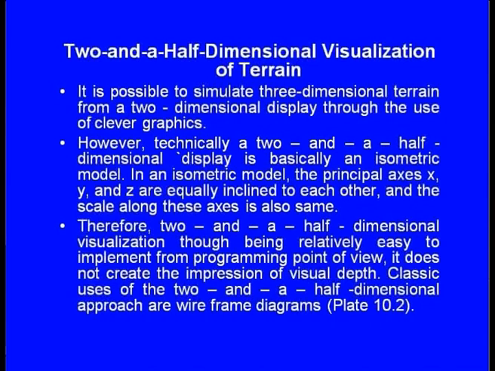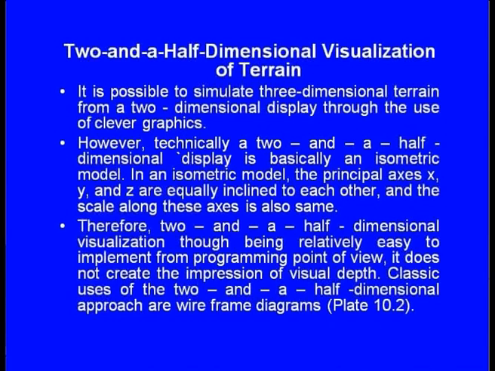2.5 dimensional visualization of terrain. It is possible to simulate 3-dimensional terrain from a 2-dimensional display through the use of clever graphics. However, technically a 2.5 dimensional display is basically an isometric model. In an isometric model, the principal axes x, y and z are equally inclined to each other and the scale along these axes are also the same.